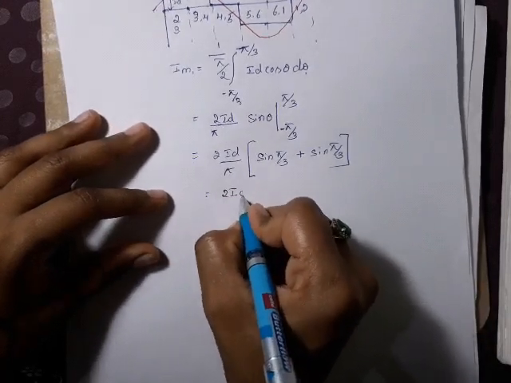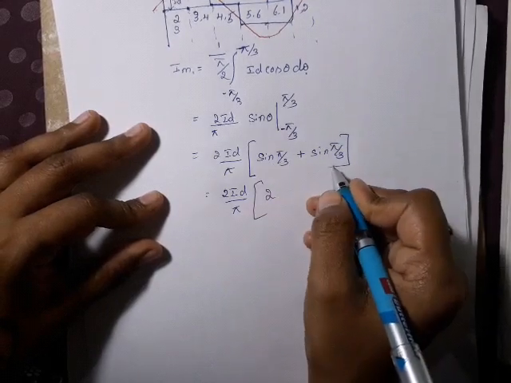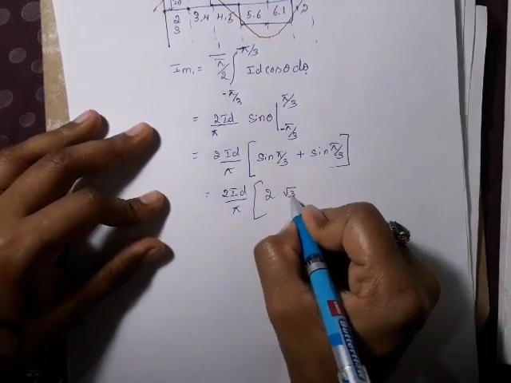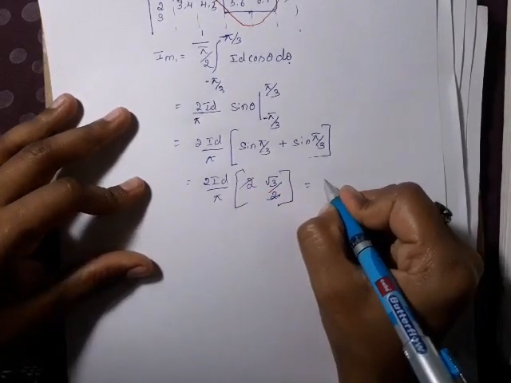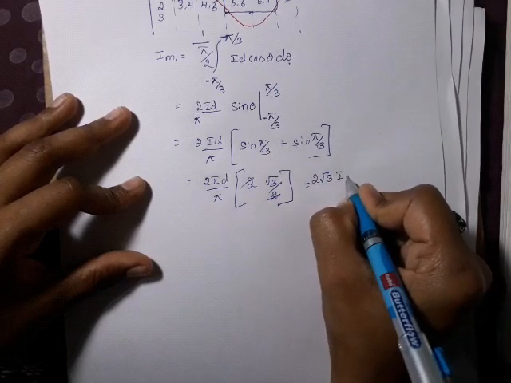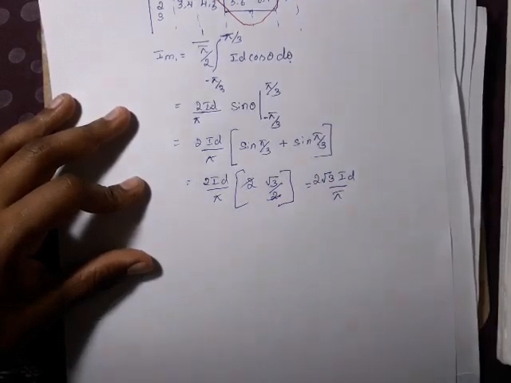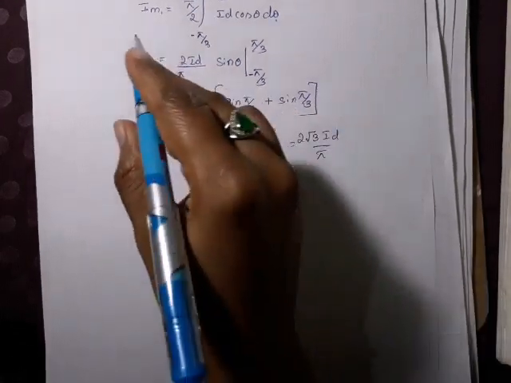So 2 Id by pi times 2 sin pi by 3. What is the value of sin pi by 3? Root 3 by 2. The 2 and 2 get cancelled. So we have 2 root 3 Id by pi. Now we have got the maximum value.